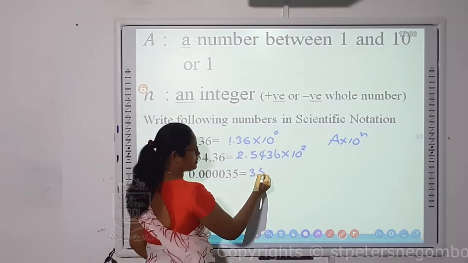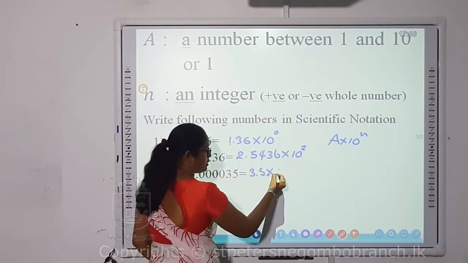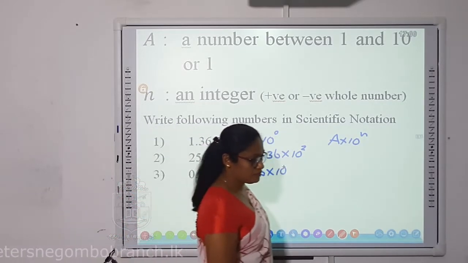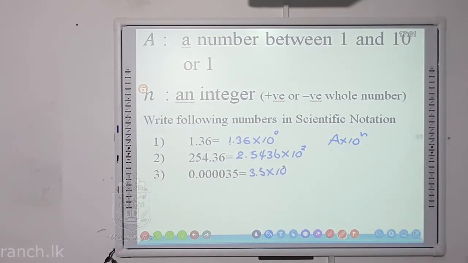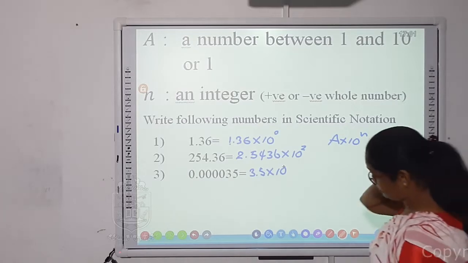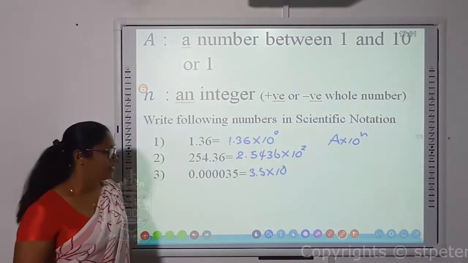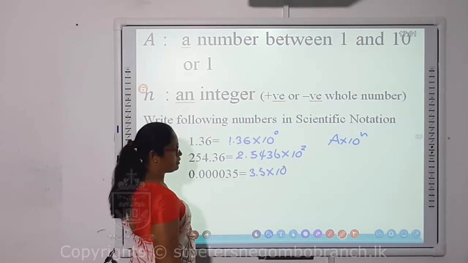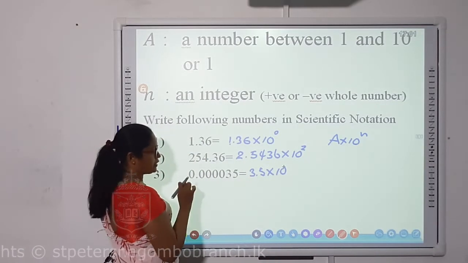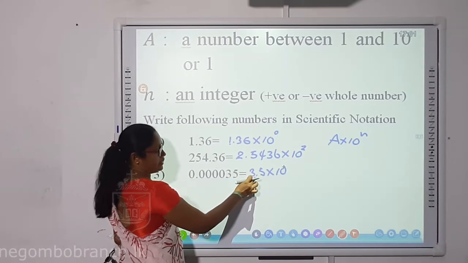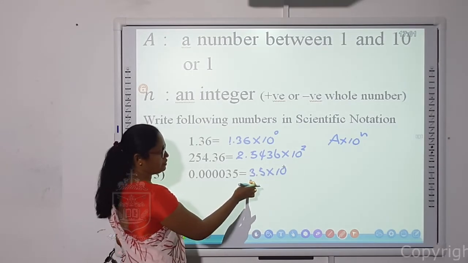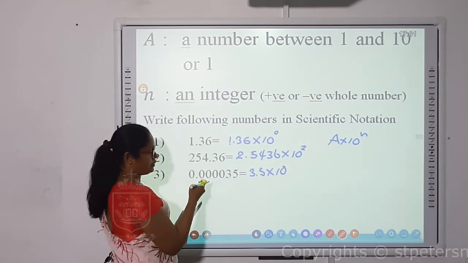Anyway, we go to the pattern. As per the pattern, 10 to the power, right? What should be the number? For that, just compare this and this. This is the number that I wrote. So I must bring this decimal place to the left side to create this number.